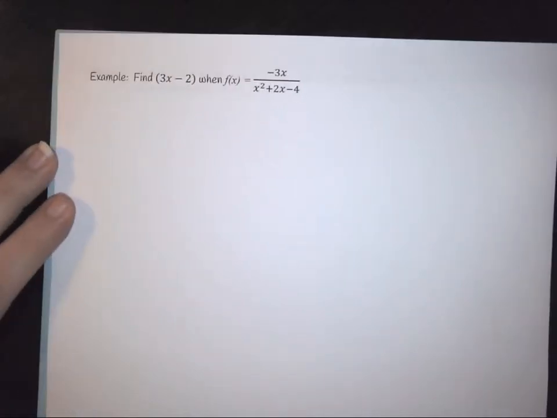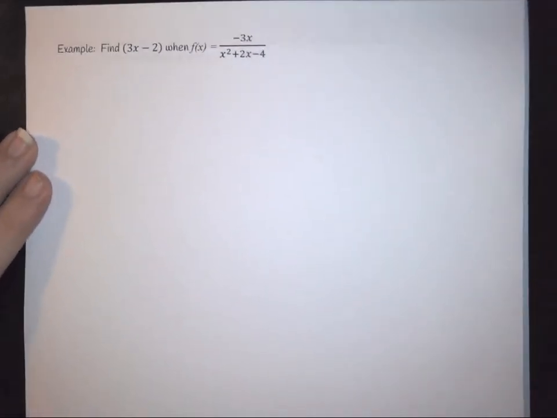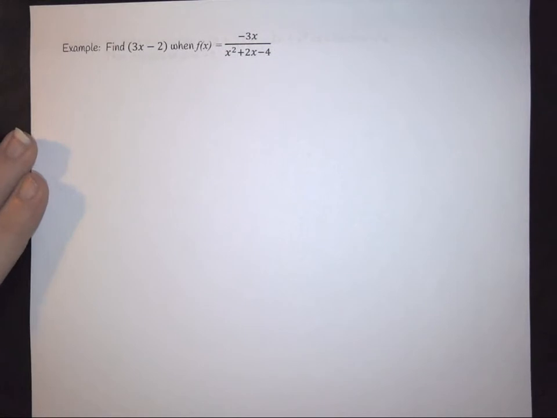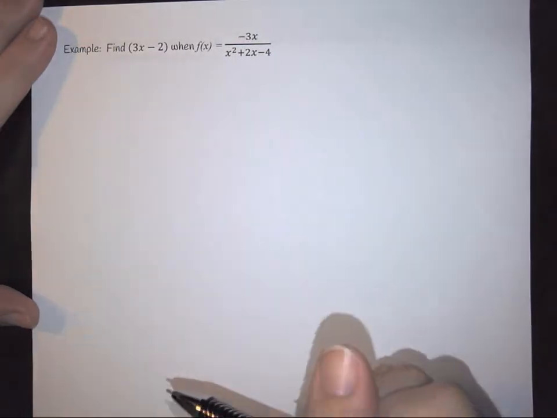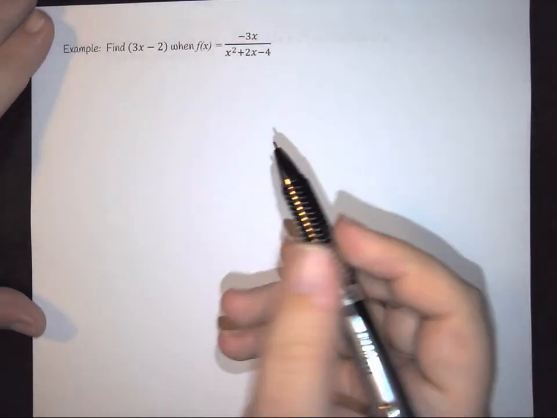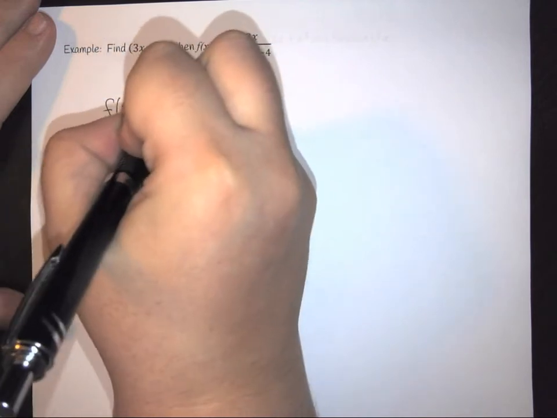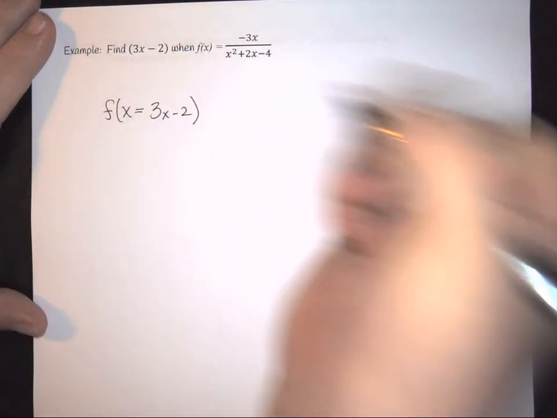Alright, let's take a look at another one. So here we want to find f of 3x minus 2 when the following occurs. So again, this is saying that we're looking at f of my x being -3x over x squared plus 2x minus 4.